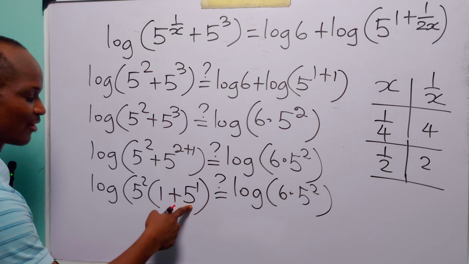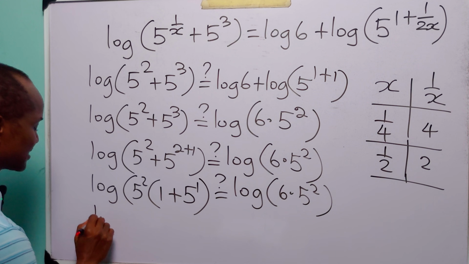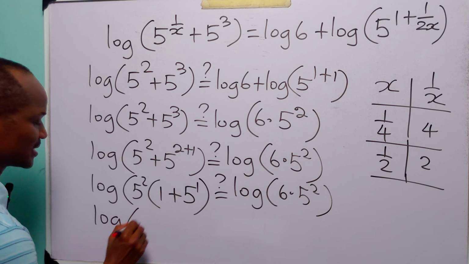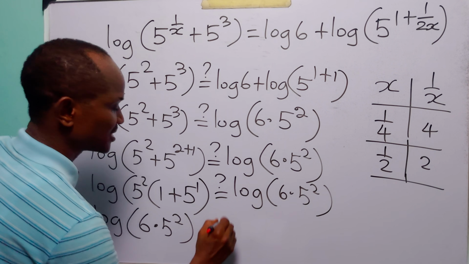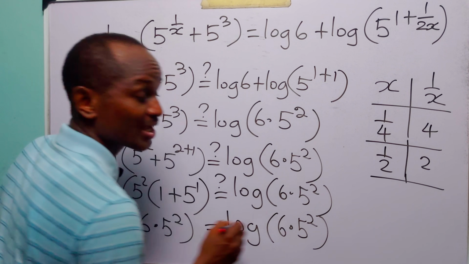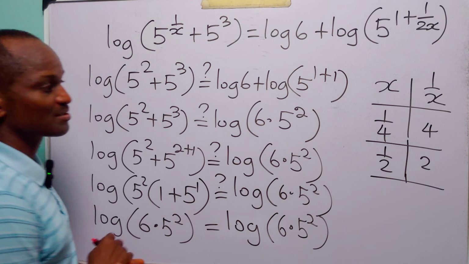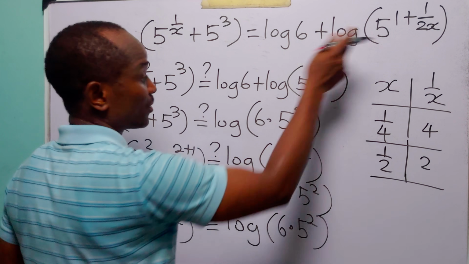Once more, we have 5 plus 1, which is equal to 6. So on the left hand side, we have log 6 times 5 squared. And of course, this is equal to log 6 times 5 squared. So once more, when x is equal to 1 over 2, the left hand side is equal to the right hand side.